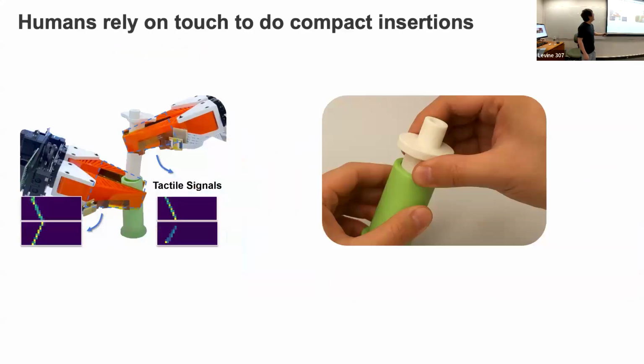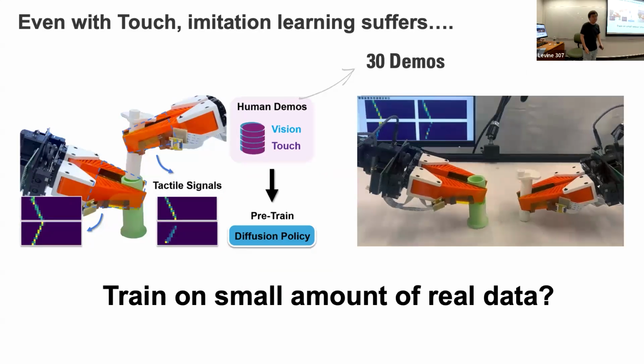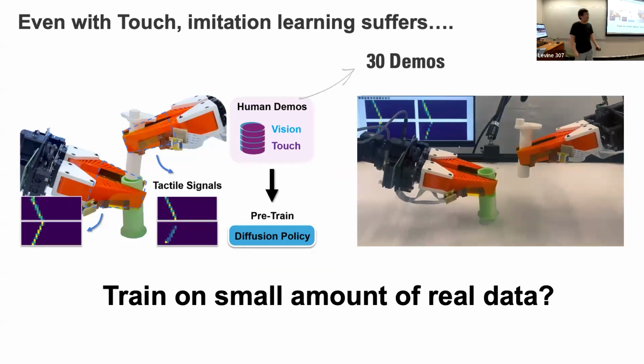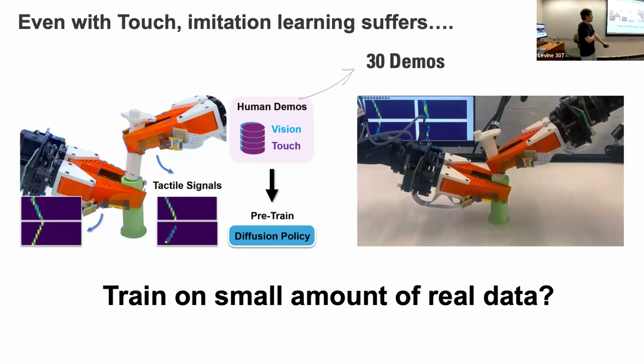Humans rely on touch to do compact insertion. But if you let the robot do that, what will happen? If you train on a small amount of real data, for example, in the previous project we trained with 30 demonstrations, let's see what happens.